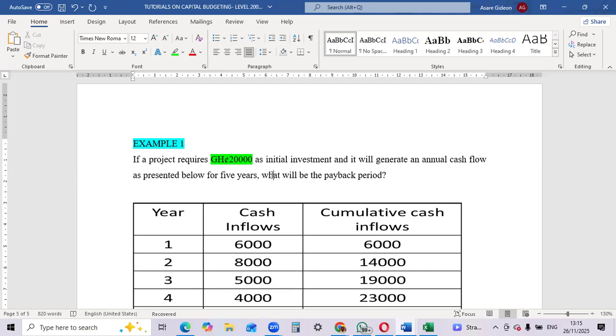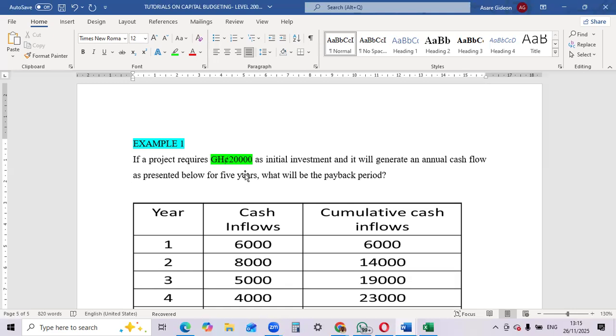What will be the payback period? Here, our requirement is to find out how many years it is going to take us to pay back, to recoup that 20,000 that we invested.